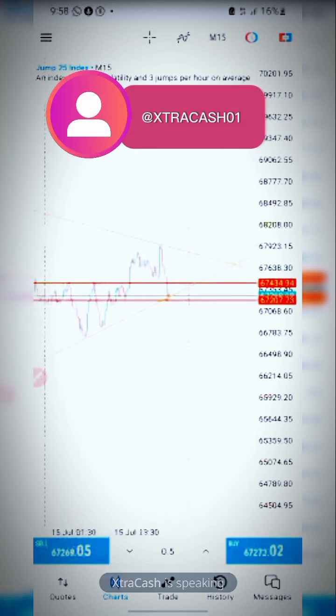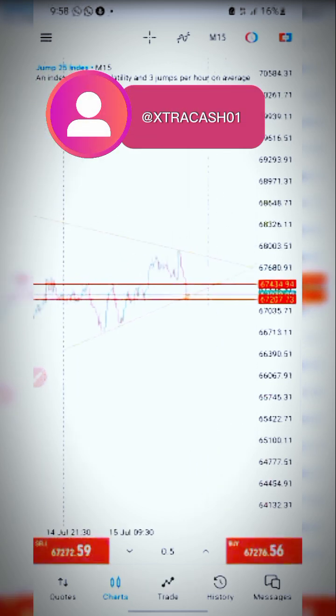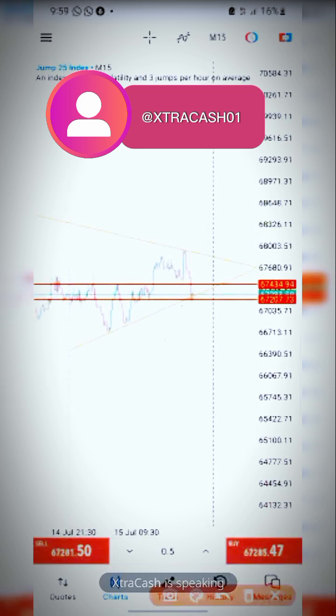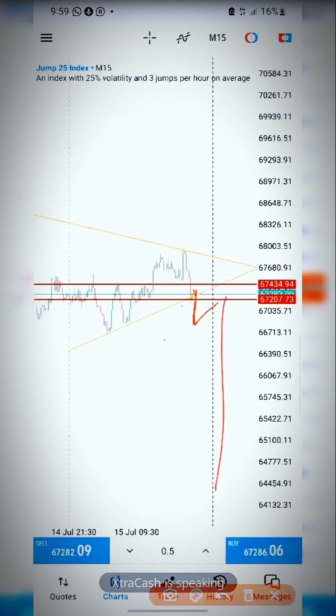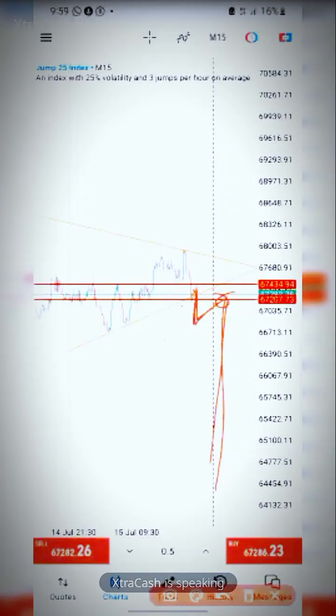Okay, a breakout here, a retest will give me a sell. A breakout here, a retest will give me a sell.